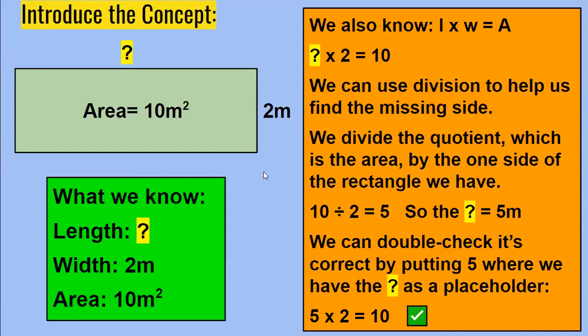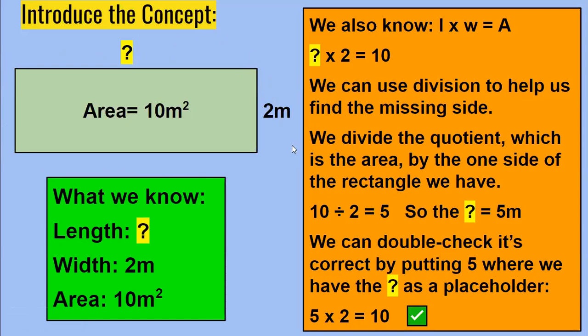It will just be a regular unit, only meters, a line. Exactly. In perimeter, we add all the sides together. In area, we multiply length times width.